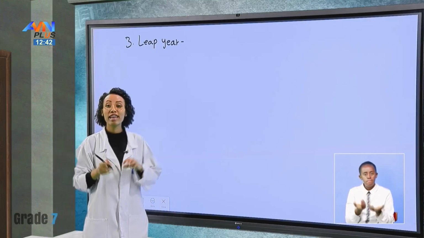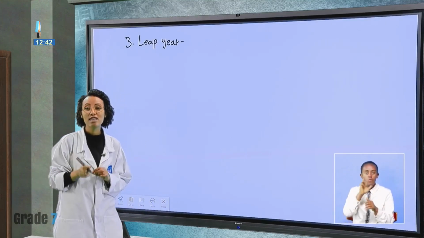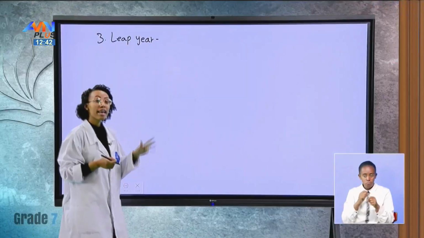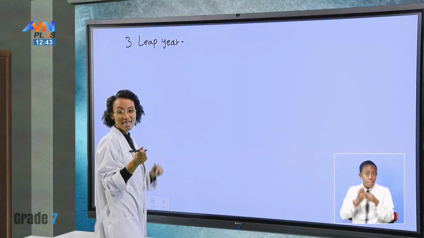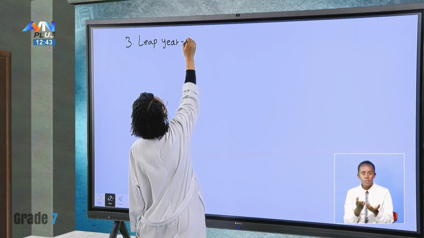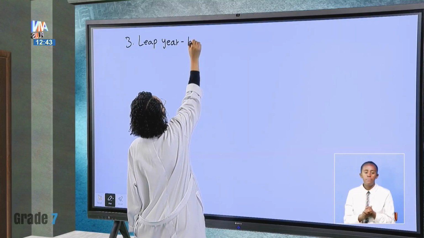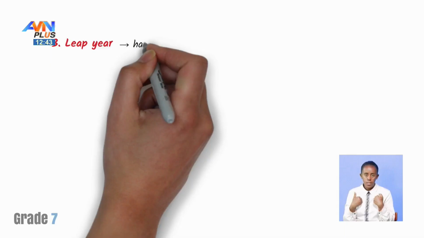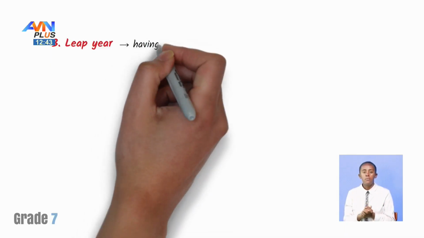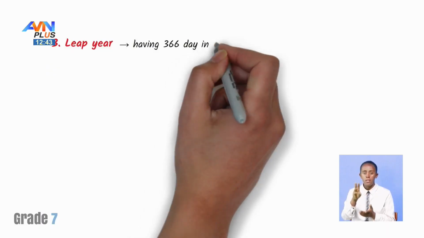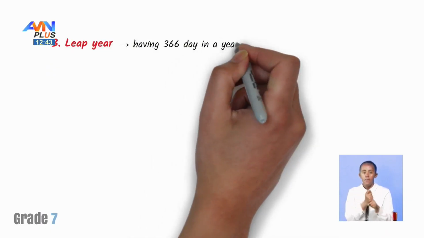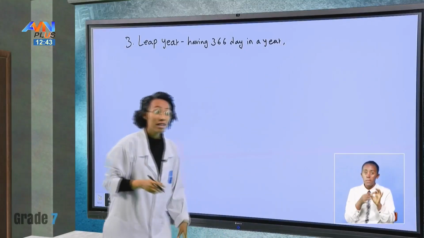We know that in a year we have 365 days, but in the case of a leap year, we have what? 366 days. It means having 366 days in a year. And this also means not every year.